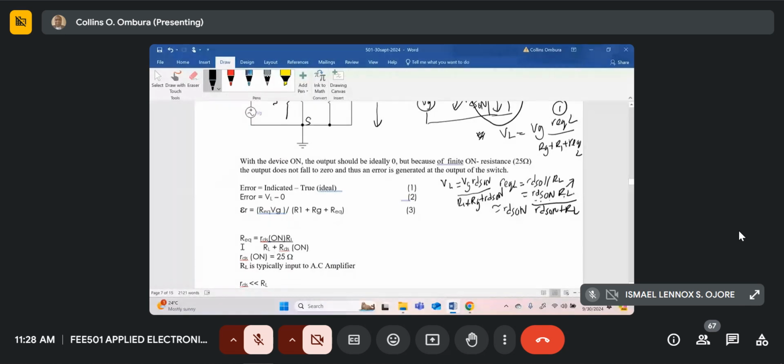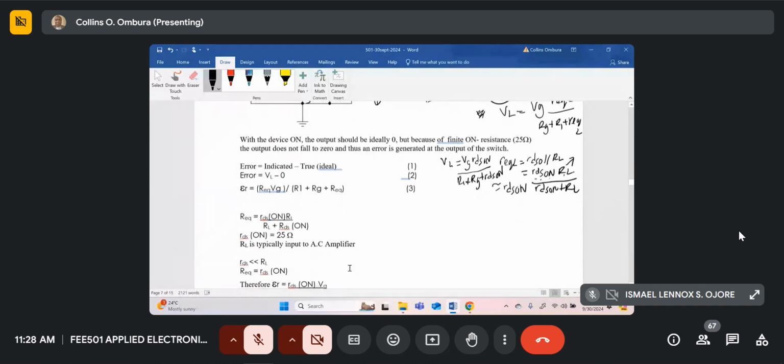And R equivalent is just RDS on into RL, over RL plus RDS on. RDS on is 25 ohms, and RL is typically the input to the AC amplifier, which is very high. Therefore RDS on is less than RL, so R equivalent is approximately equal to RDS on.